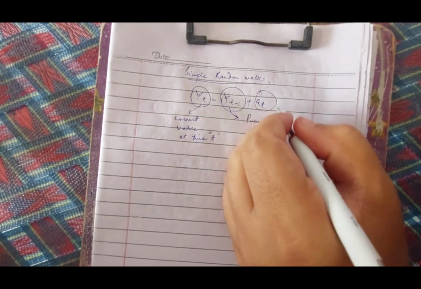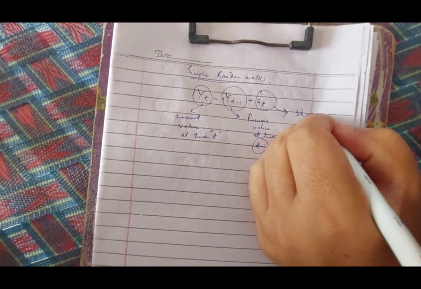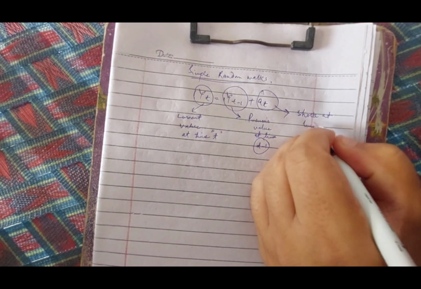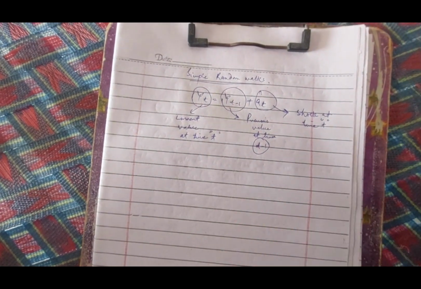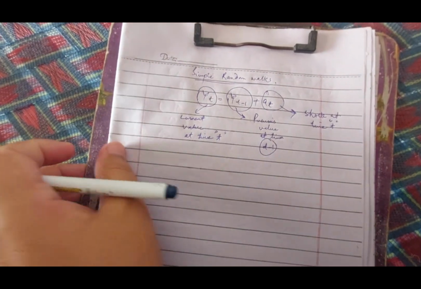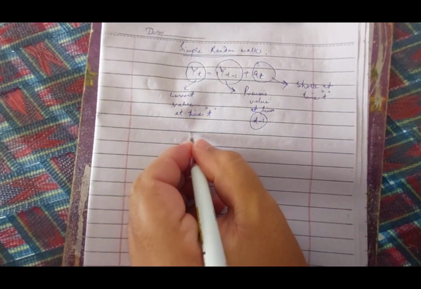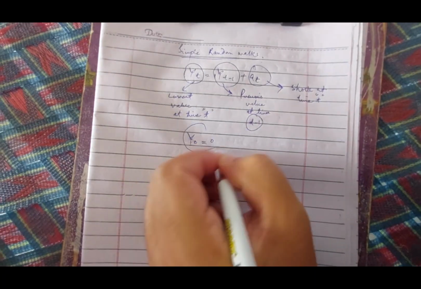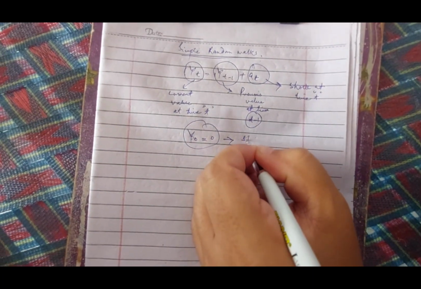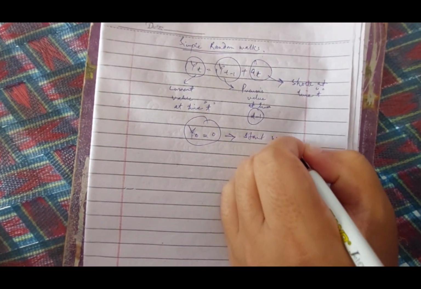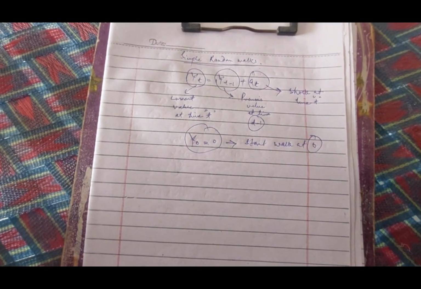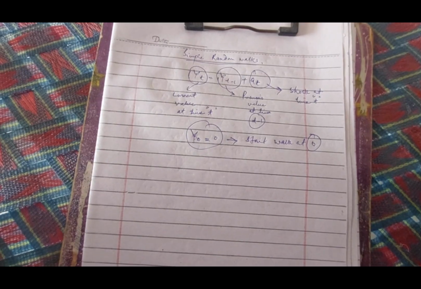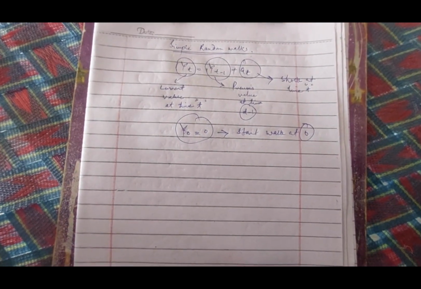And this is the shock at time t. And it is given that y naught is equal to 0. It means the person starts walk at 0, at some center line, 0 line. So this is one dimensional random walk.